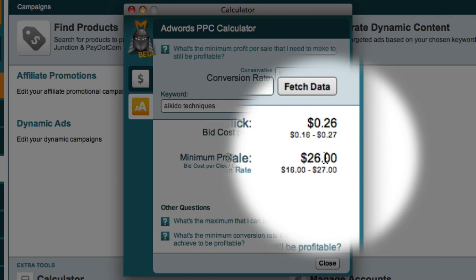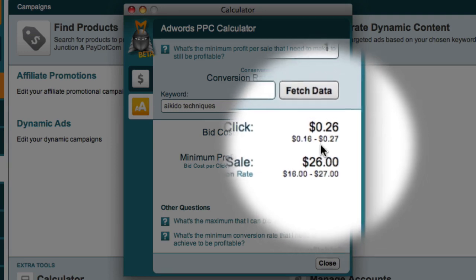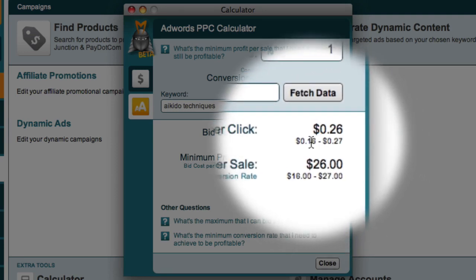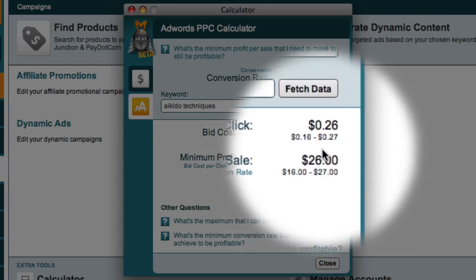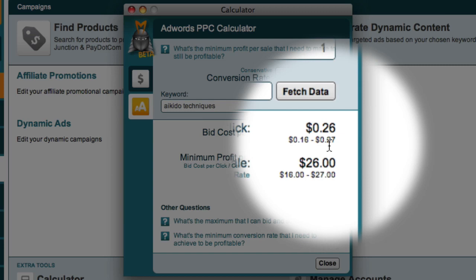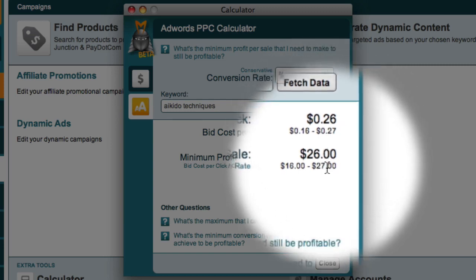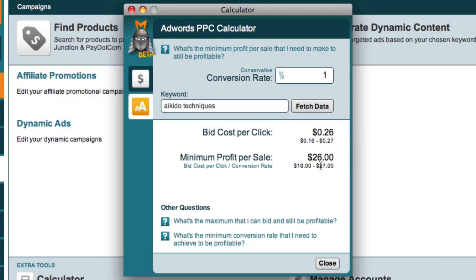If, on the other hand, I managed to establish a great quality score, then I might be able to obtain traffic at the minimum price of 16 cents, which would mean I'd break even if I had a profit of $16 per sale. On the other hand, if I was paying the maximum price for my traffic of 27 cents, I'd need to make $27 per sale in order to break even. So that's how we can use the Adwords Calculator to calculate the minimum profit per sale that I need to make to still be profitable.